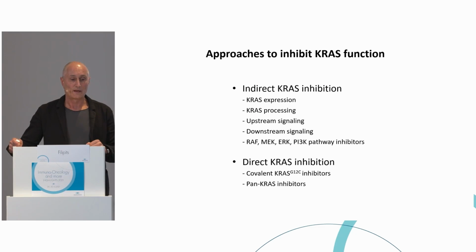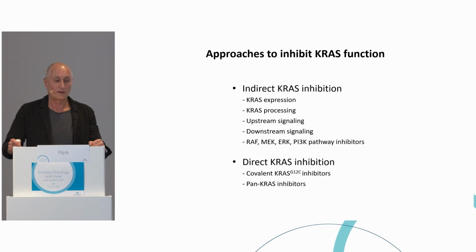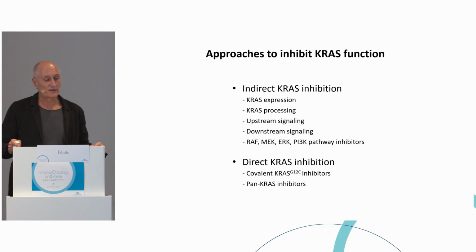So in the past, indirect KRAS inhibition was studied, for example, blocking of KRAS expression or inhibition of KRAS processing or inhibition of upstream or downstream signaling, but also by specific inhibitors of RAF, MEK, ERK, and PI3 kinase pathway inhibitors.